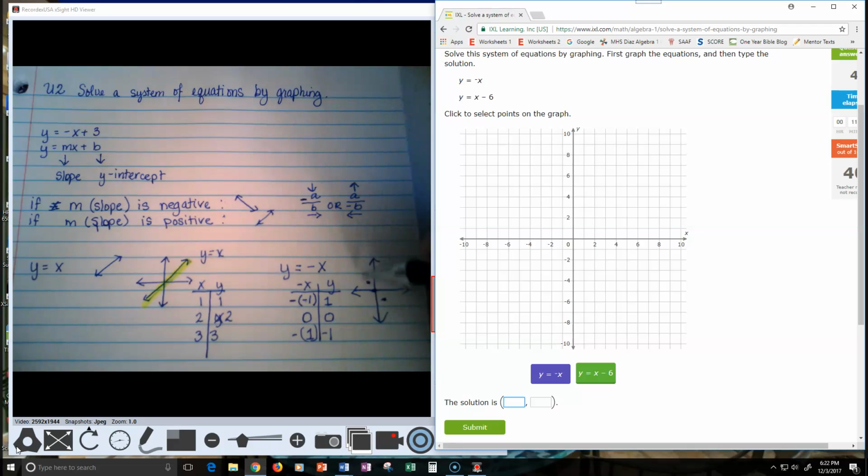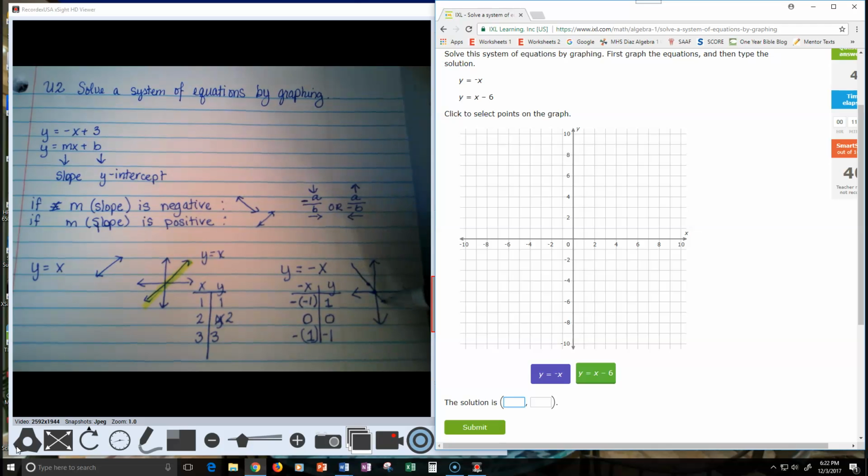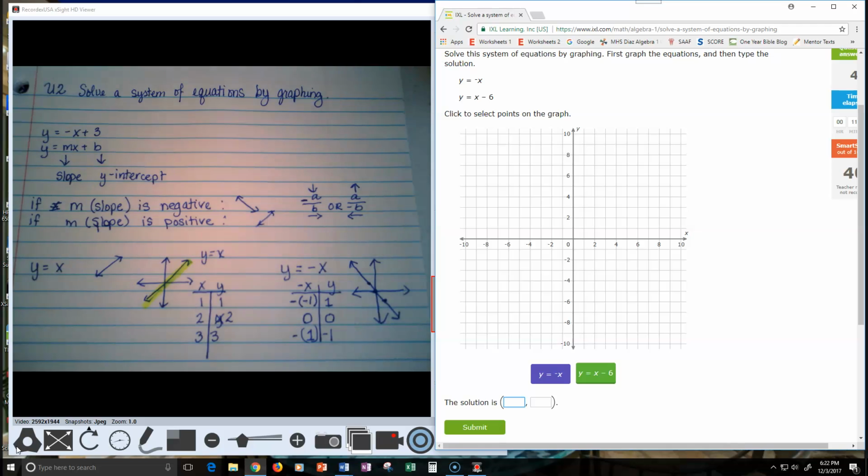So the line is a reflection. So that's what we're going to do here. So we have y, and we're going to go this way. And then let's look at the next equation. It's negative 6, up 1 over 1. And our solution is at 3, negative 3.